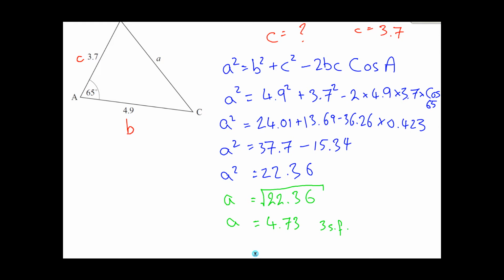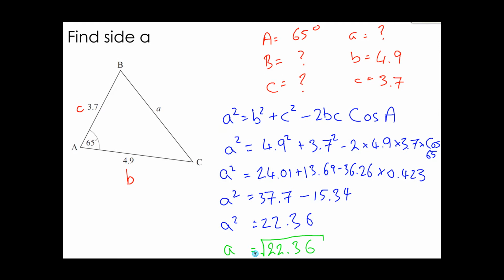Now that we have that, we can write it into our diagram. We can write it back in up here in case we need it for another part of the problem.